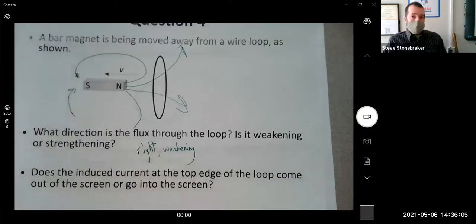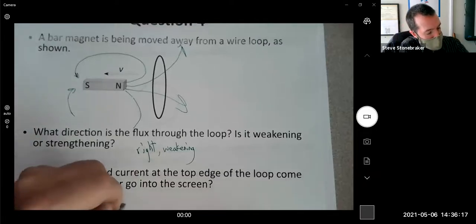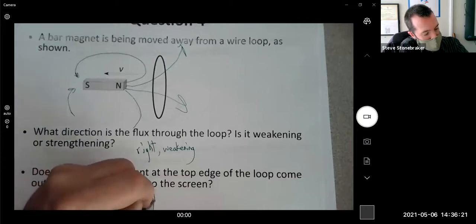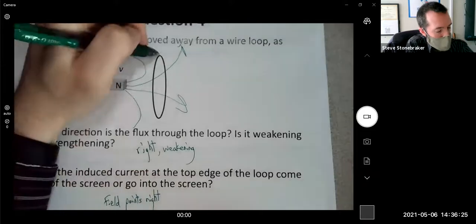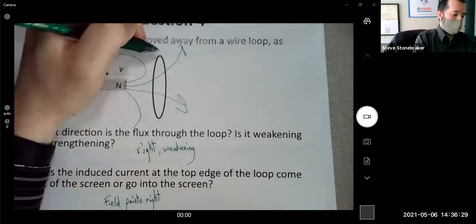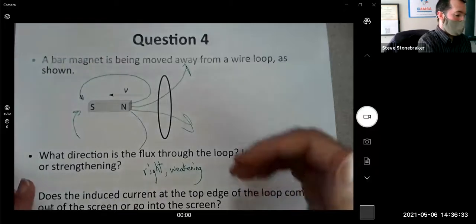So in order to oppose that weakening flux, we need to make more field which points to the right. I want the field to point right. Therefore, if I'm thinking about the wire here at the top, like I said before, it has to either go into the page or come out of the page.